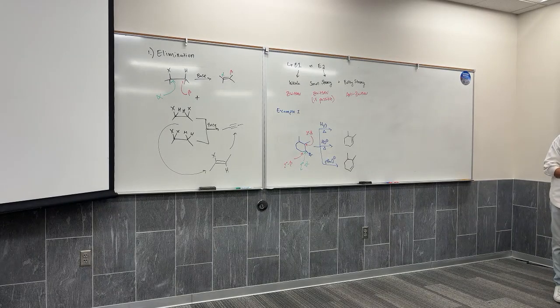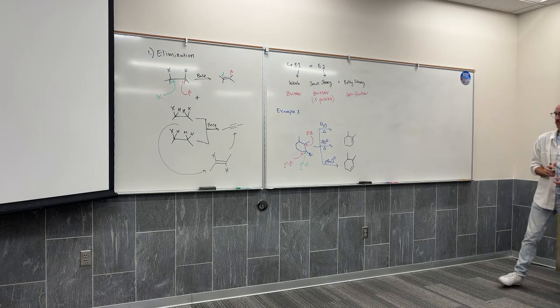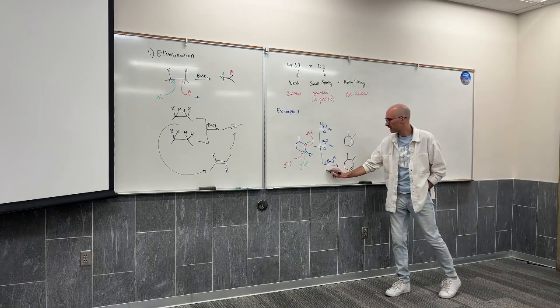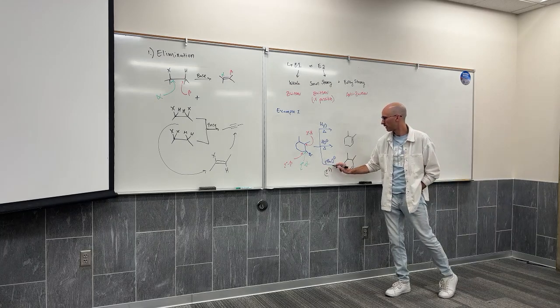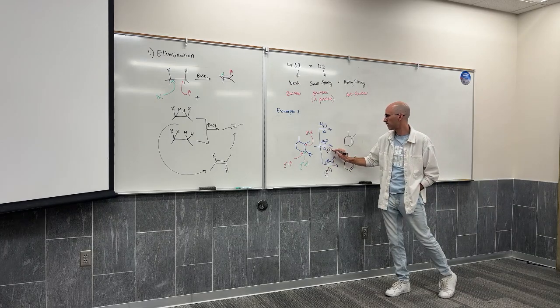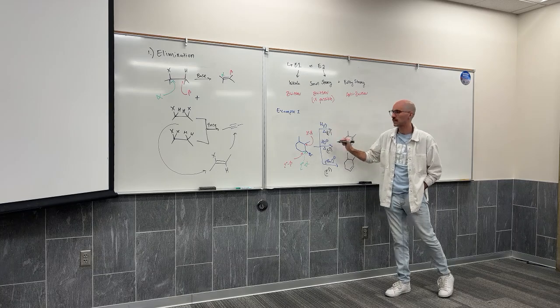Do you think that the product with water will be the same as either of these other 2 or unique? First, we have to recognize the difference in the mechanism. H2O is going to run an E1 reaction. This is E2. This is E2. This is E1.